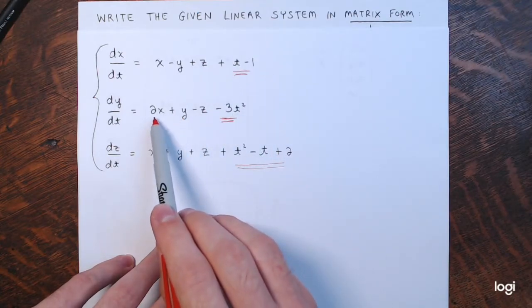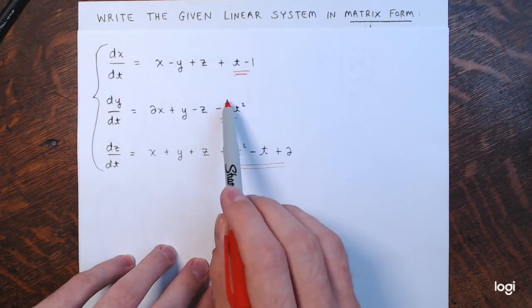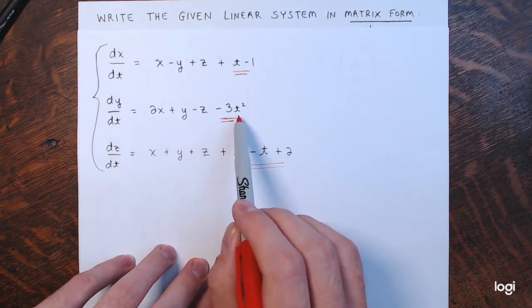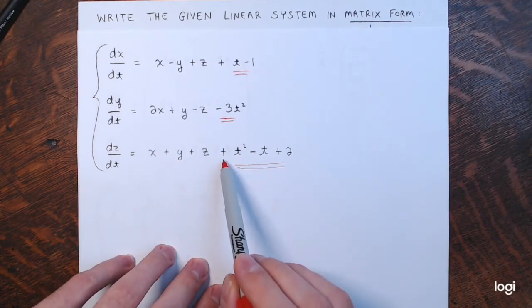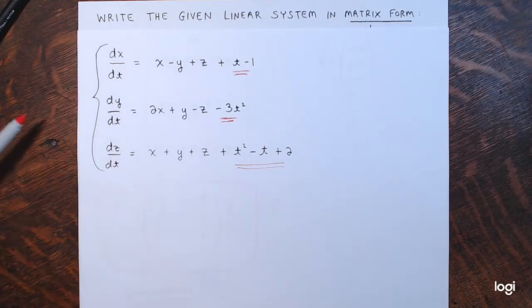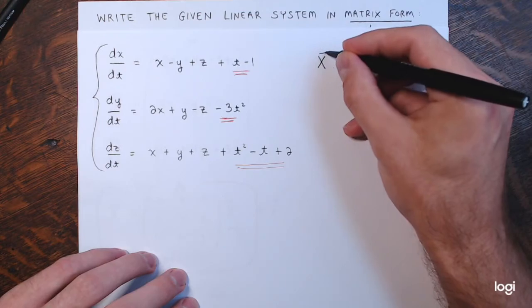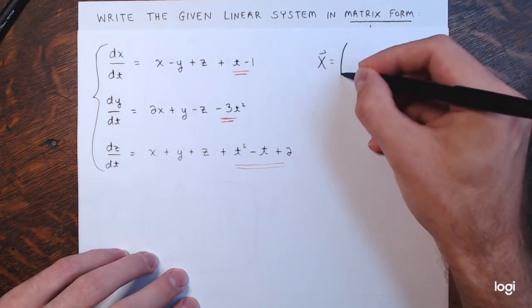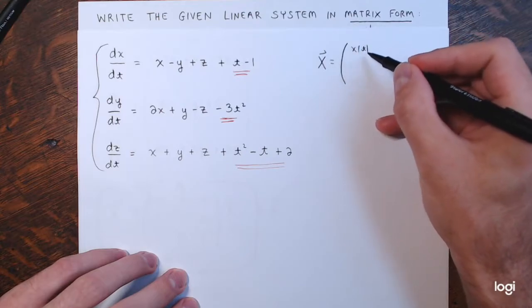Then second equation, 2x plus y minus z, and then plus some function of t, negative 3t squared. And then third equation, x plus y plus z, and then again, plus some function of t. Again, the vector x is made up of the three component functions x of t, y of t, and z of t, or just x, y, and z.